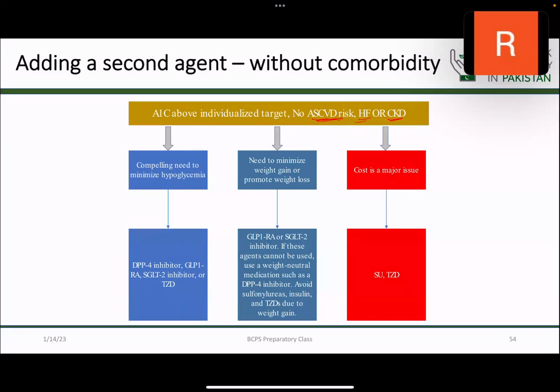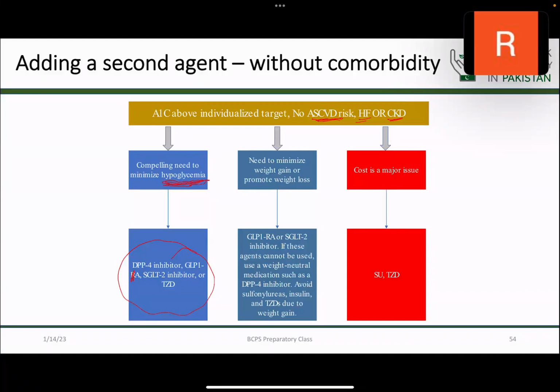For example, if you want to prevent hypoglycemia in the patient, you should add an agent which has minimal hypoglycemic adverse effects. For example, DPP-4 inhibitors, GLP-1 agonists, sodium glucose transporter inhibitors, and thiazolidinediones have less hypoglycemic adverse effects. So we can add these agents with metformin if we have to minimize hypoglycemia.